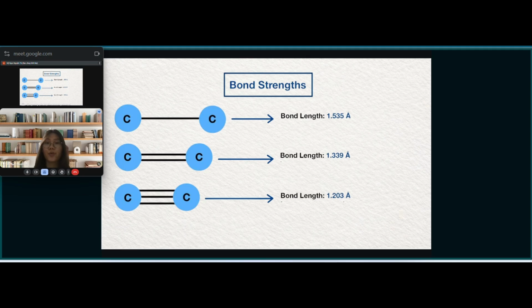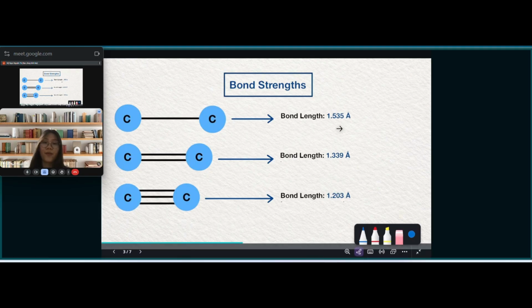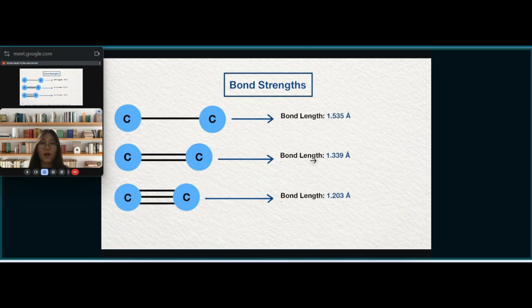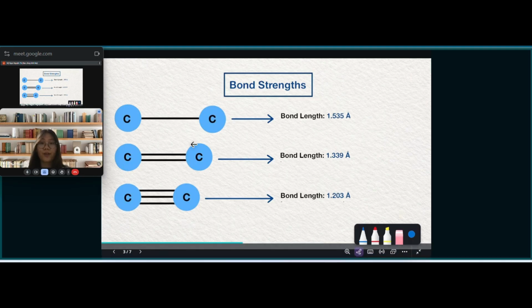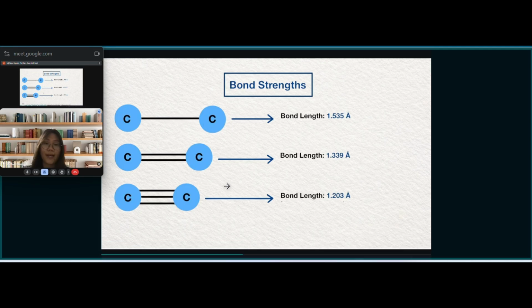To know whether it decreases or increases, we will use the bond length to think about the bond energy. So the bond length decreases over the types of bonds, right? You can imagine that I have a stick of a single bond, a really long stick, for example 20 centimeters.